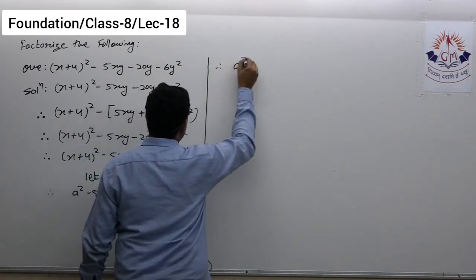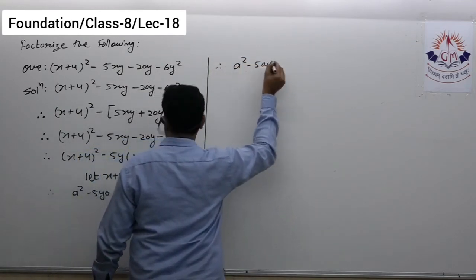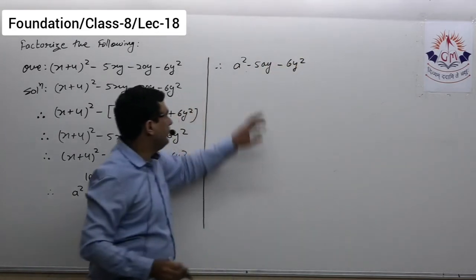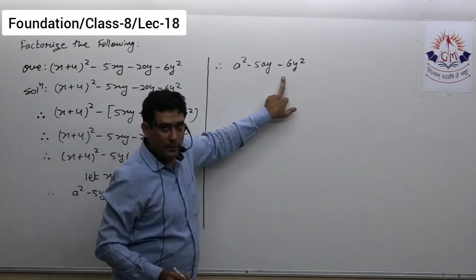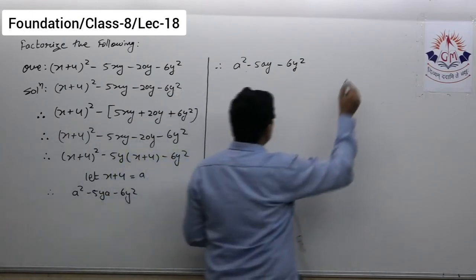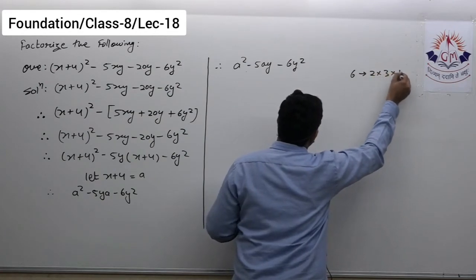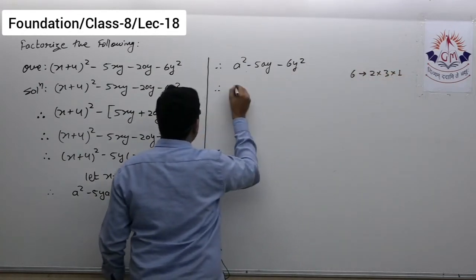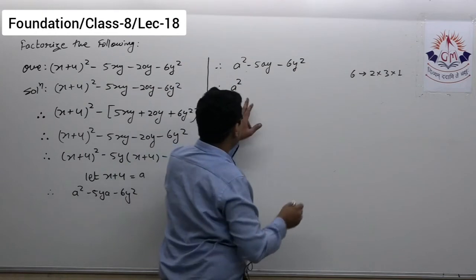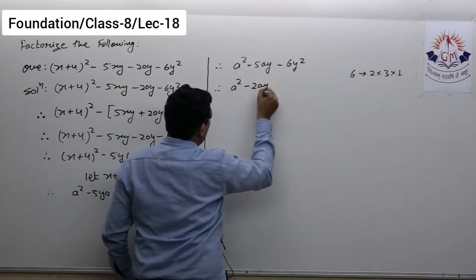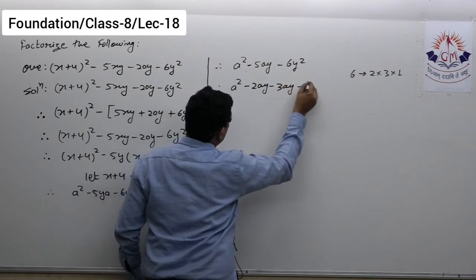Now here I have a square minus 5ay minus 6y square. So now I have to find the factors of 6, which multiplied together and combine to give 5. Factors of 6 will be 2 and 3, and 1 and 6. So here I can write a square, and this minus 5ay I can write as minus 2ay minus 3ay.